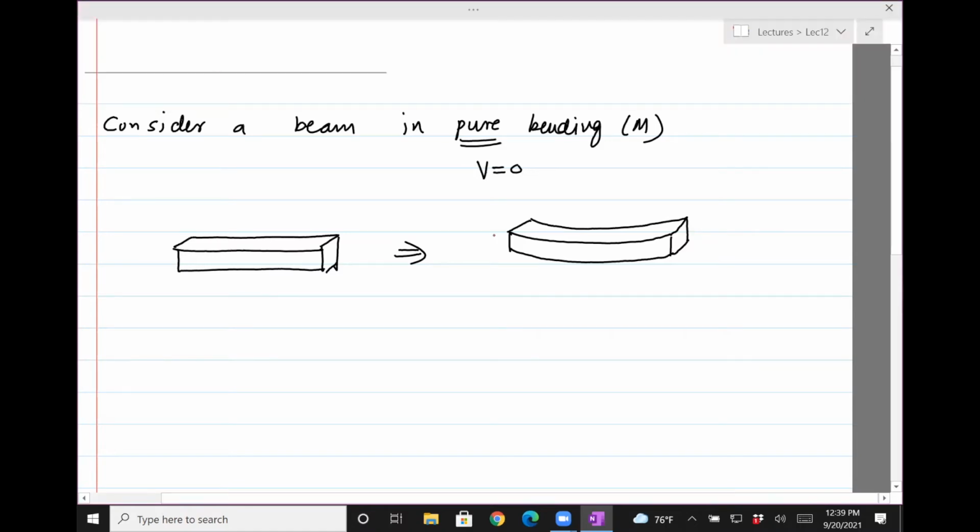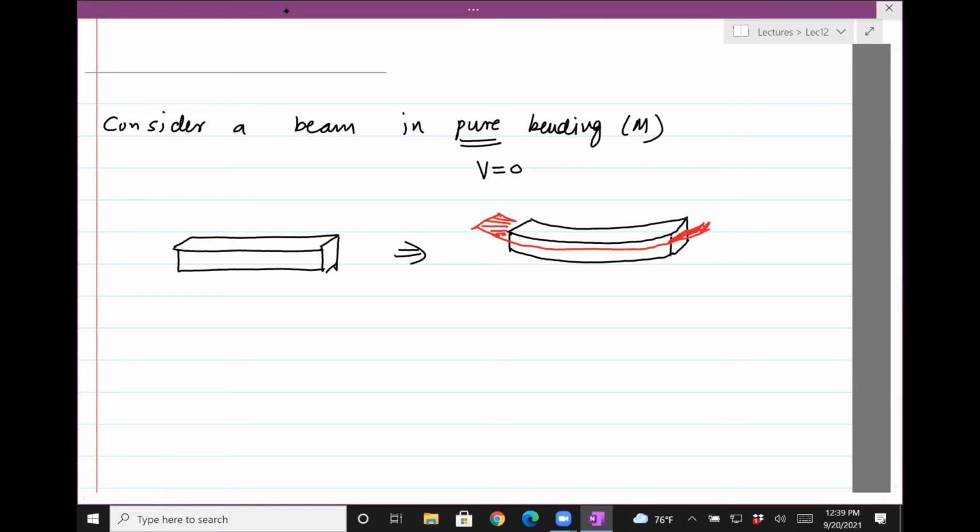Okay, there would be a layer in the middle which is actually unaffected.